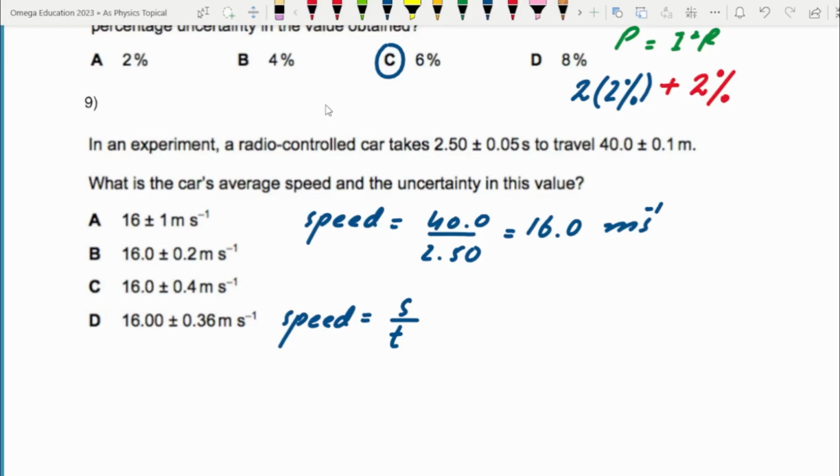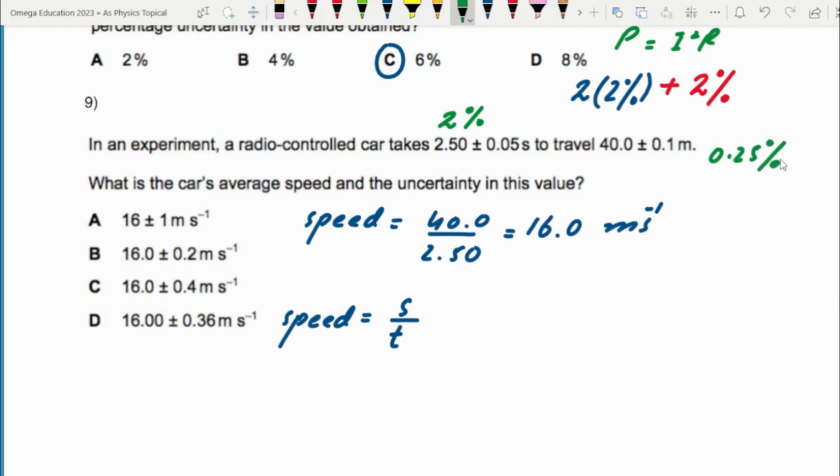So if I find it for time, it would be 0.05 divided by 2.50 multiplied by 100. We get 2% for this one. And for the next one, 0.1 divided by 40 multiplied by 100, we get 0.25%.